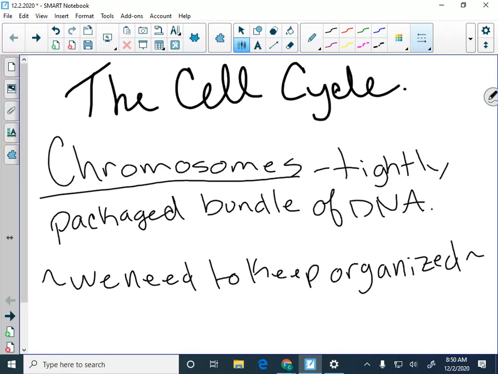So, if you remember back to the very beginning of cells, we talked about the difference between prokaryotic cells and eukaryotic cells. Does anybody know the big major difference between prokaryotic cells and eukaryotic cells? We made a big Venn diagram.